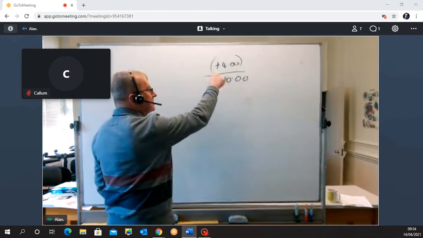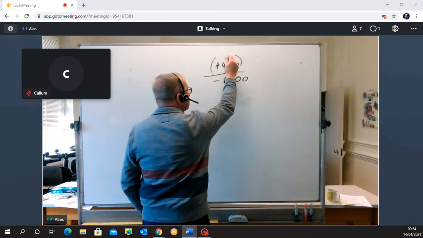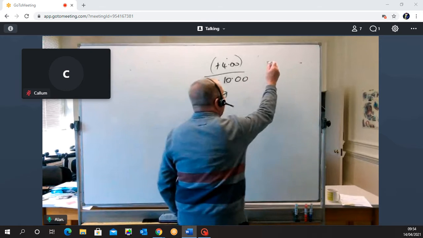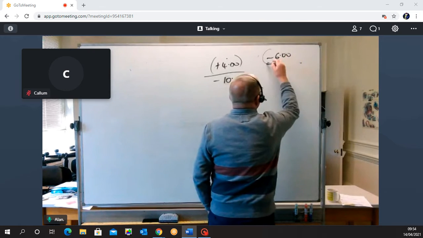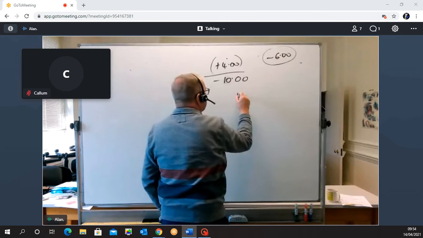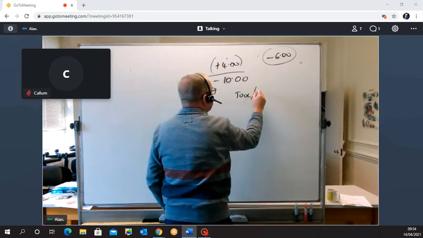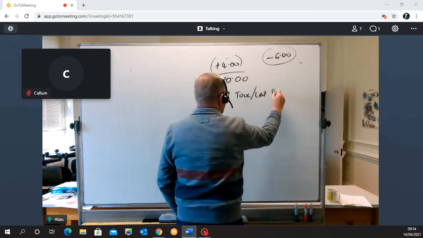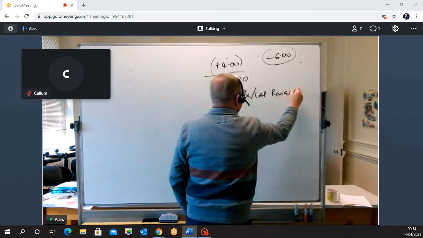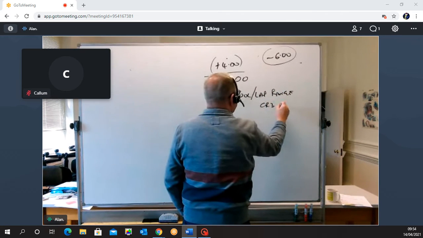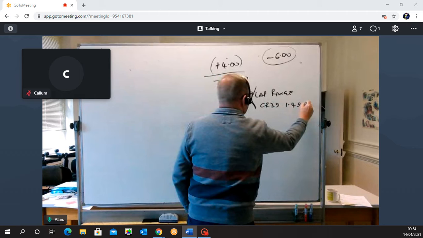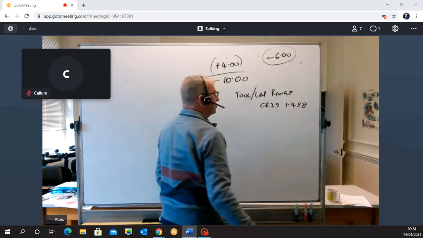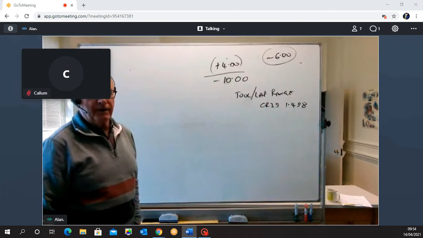So this is the tool power calculation. We have a semi-finished +4 blank and we want to make -6. The tool rate, the lap, same thing. The range, let's say, is CR39. You should always be told the index, but I'm sure you know the index is 1.498.